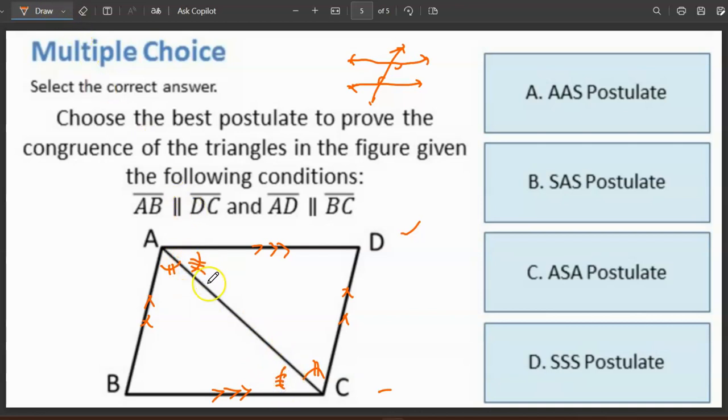And again, this segment is congruent to itself. So this is our side. So we have what? We have angle, side, angle. So what letter is that? That is actually letter C.